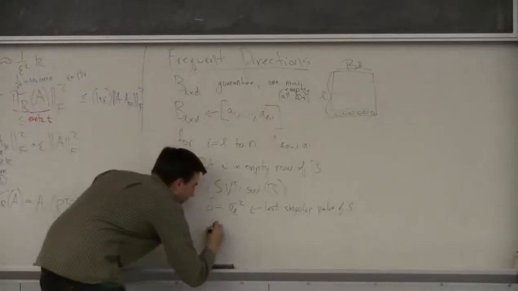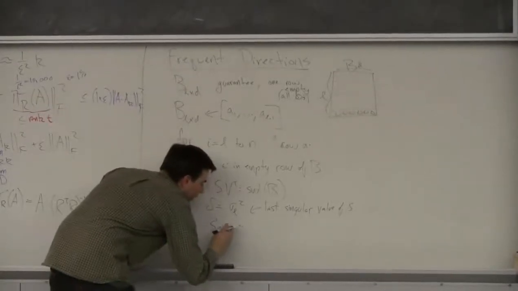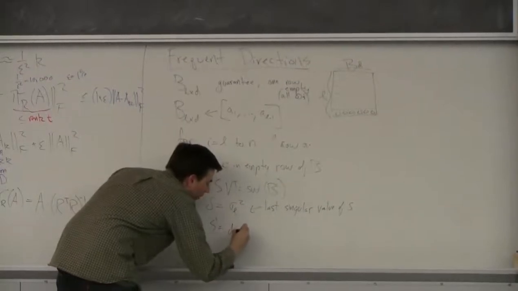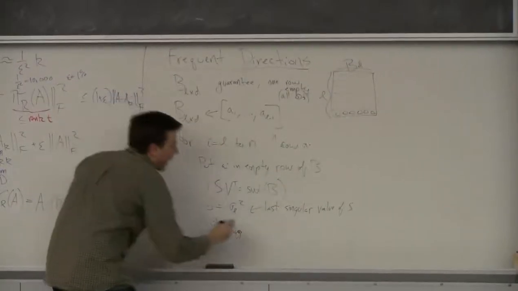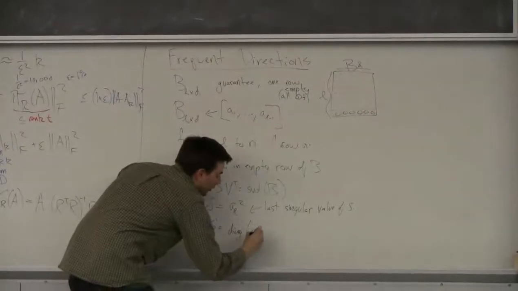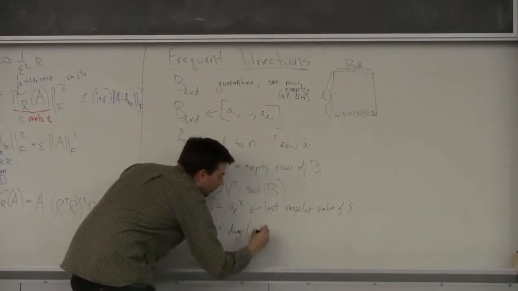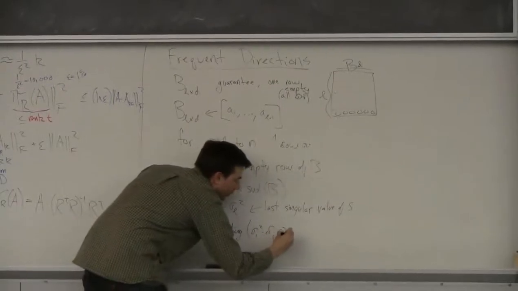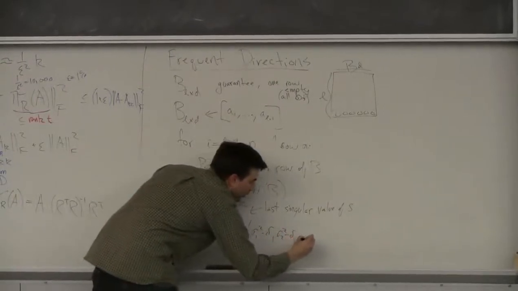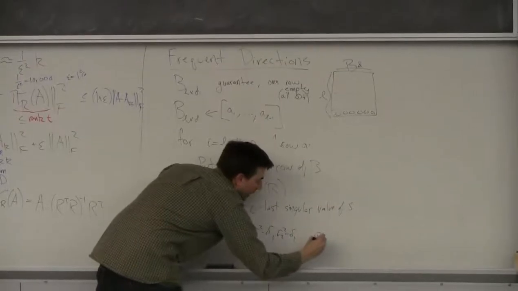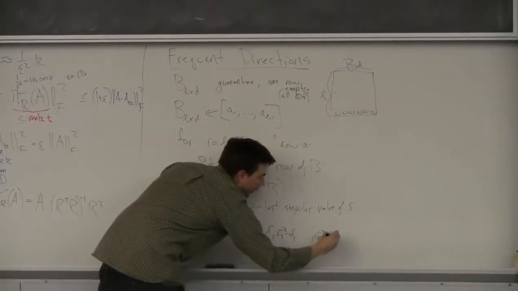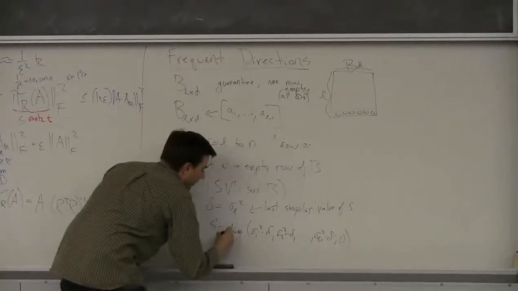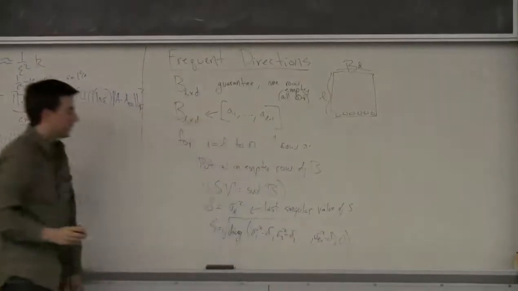I'm going to set S prime equal to the diagonal of sigma 1 squared minus delta, sigma 2 squared minus delta, up to sigma L minus 1 squared minus delta, and the last one is going to be 0, and the square root of all these.